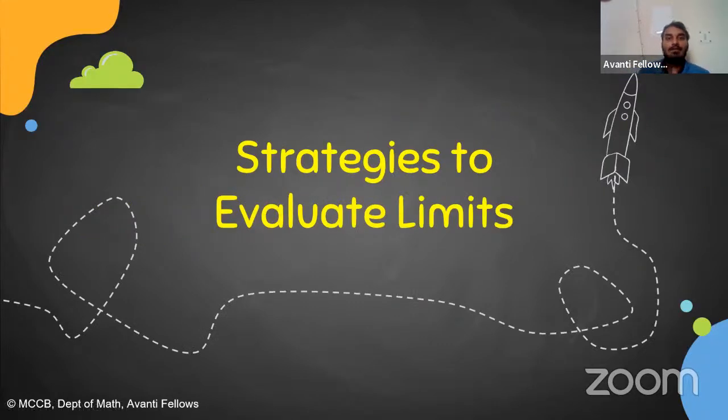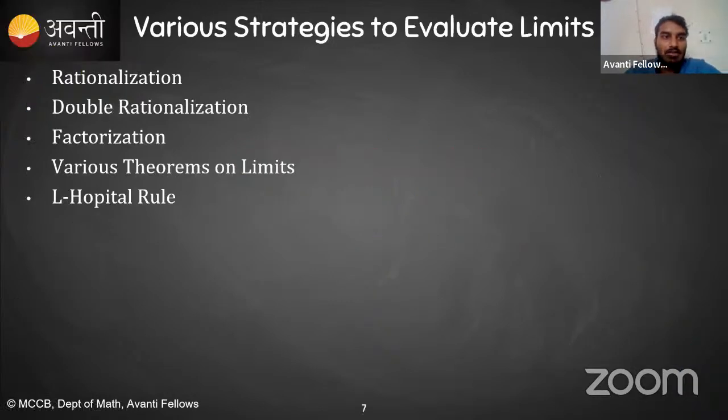Now we will see the strategies to evaluate limits. There are many techniques. First is rationalization. The whole point of the limit is that there will be an indeterminate form happening all the time, so we want to get rid of that indeterminate form.